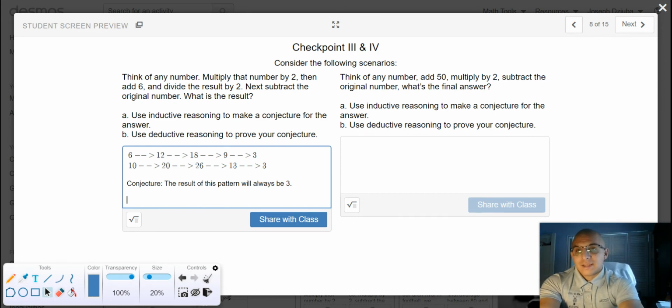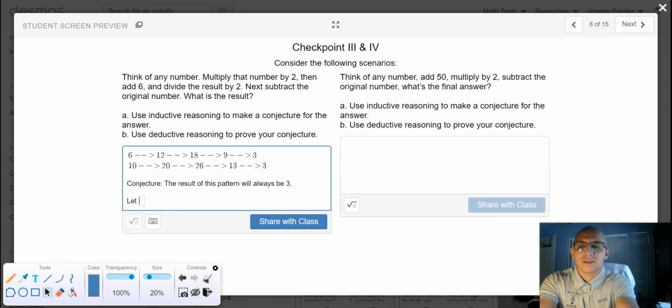How do I show deductive reasoning? Okay, remember, we want to use a general statement that can be applied for all numbers. Actually, I'm going to take a 30-second pause there and not talk about a real life scenario. But if we wanted to apply deductive reasoning, we would start with, let x be a number, because x could be any number: 1, 2, 3, 4, 5, 6, 50 million.